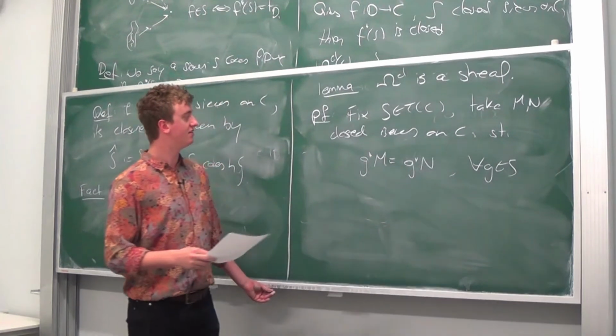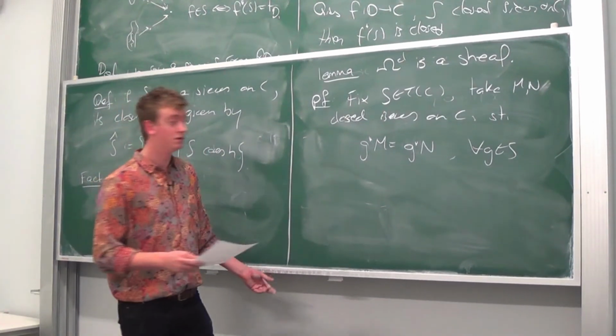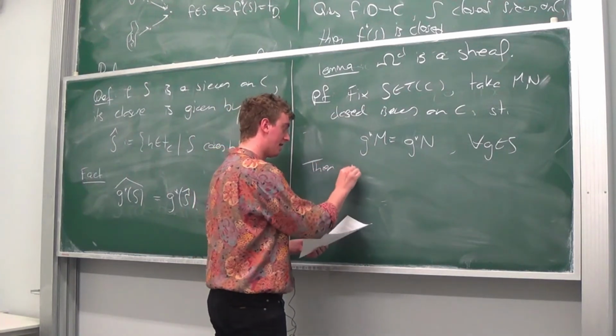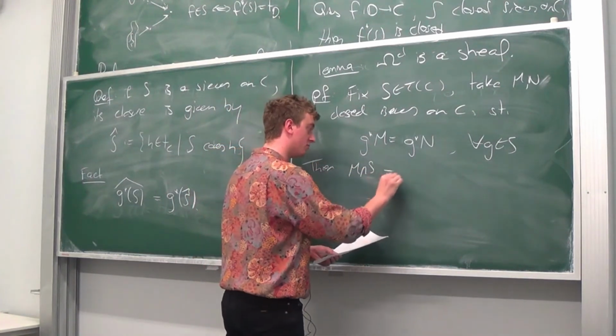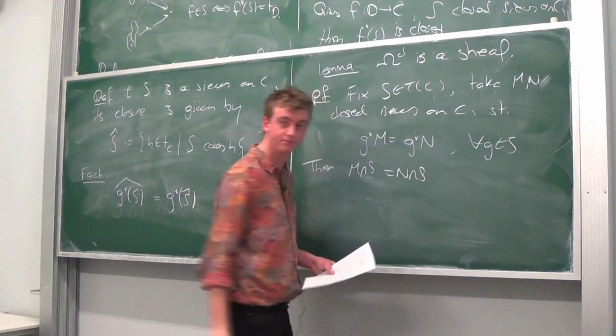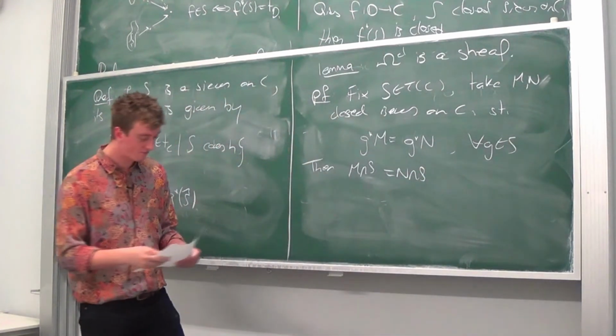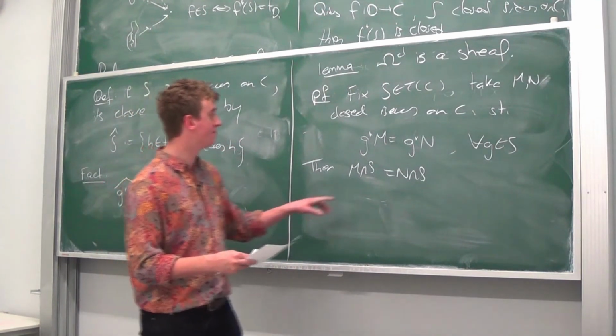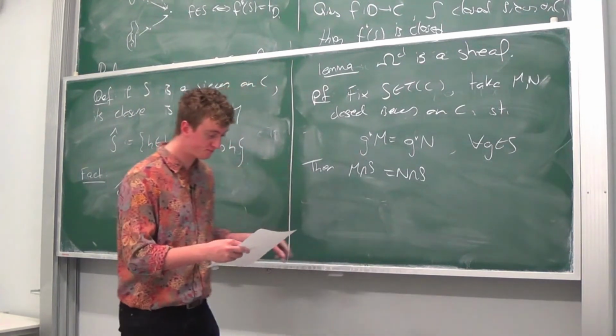Well, in particular, if we just take g to be the identity, this means that M restricted to S is equal to N restricted to S as sets. Okay. So the goal now is to show that M and N are actually equal.